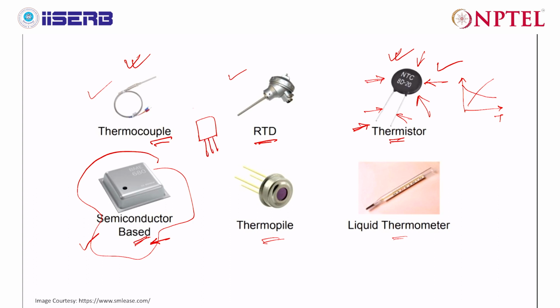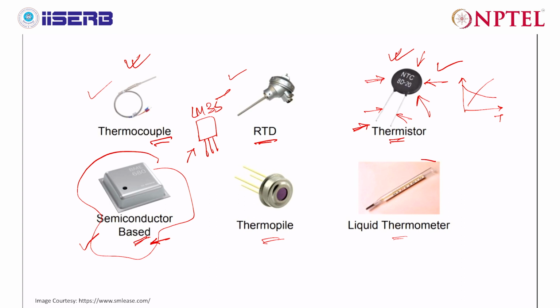And then you also find some sort of device based temperature sensor. For example, say LM35 is a temperature sensor which has three terminals, and this is kind of a device based temperature sensor. Apart from that, you may find different other device based temperature sensors where MOSFETs or BJTs are used in order to detect temperature.